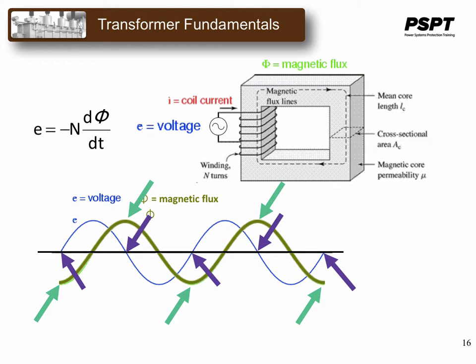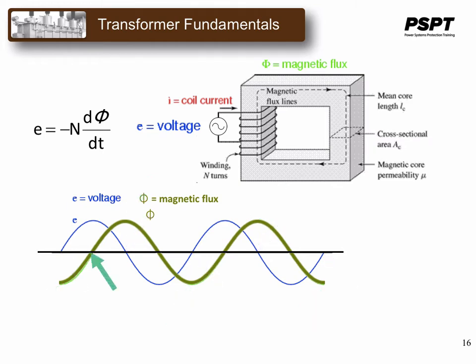And yes, indeed, the blue sinusoidal waveform is 0 exactly at those points. And when the magnetic flux is at a maximum rate of change, which is where it crosses the 0 crossing of the black line there, that is when the voltage will be at its maximum.